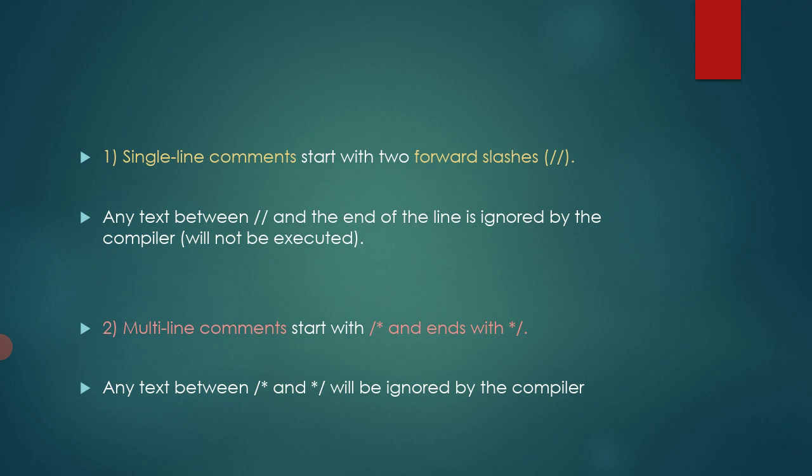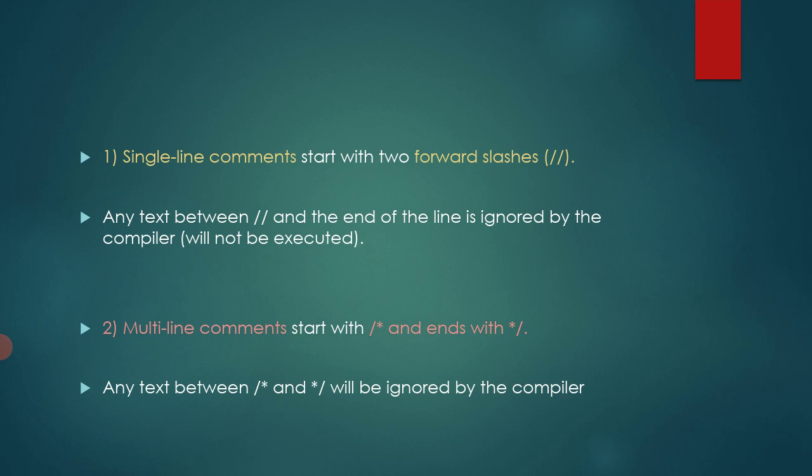Now next is the multi-line comment. Multi-line comments start with slash and then asterisk, then you write the name of the program, whatever you want to write, 2 lines, 3 lines, 4 lines, and at the end you close with an asterisk sign and a forward slash.